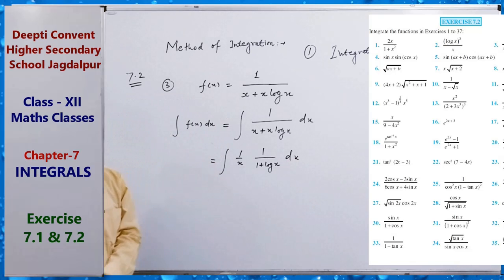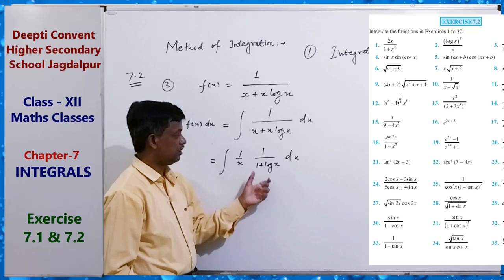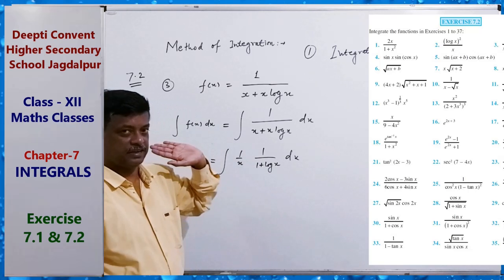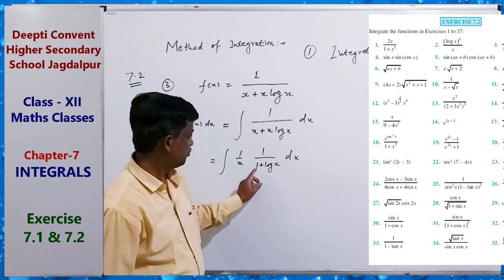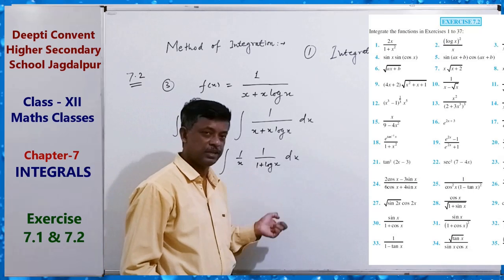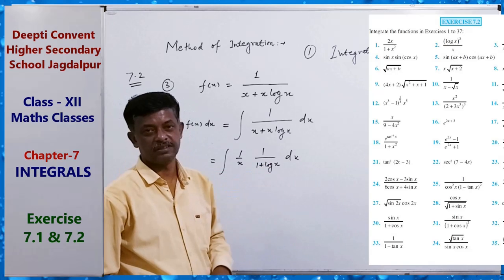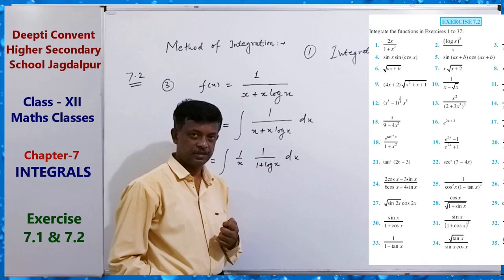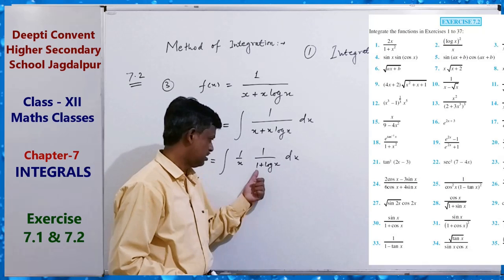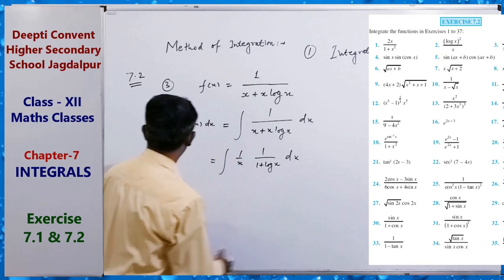Now we see the differentiation of this: the derivative of 1 is 0, and of log x is 1 by x dx. So we can put 1 plus log x, not only log x, because the derivative of 1 is 0.